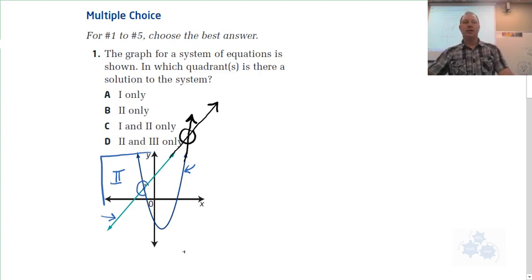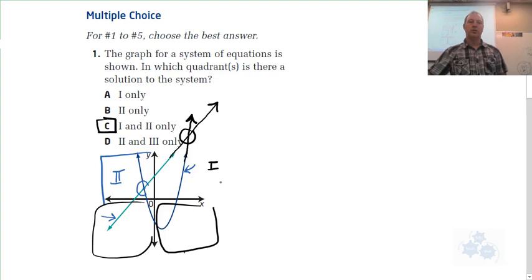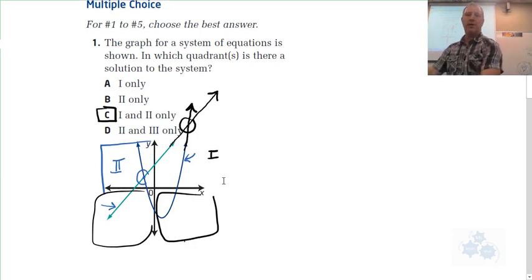So it looks like we have one solution, but understanding the nature of this, we see that we have solutions in quadrants 1 and 2. No intersections down here, and no intersections down here, so no solutions down there. Everybody good with that? You understand that one? Good.